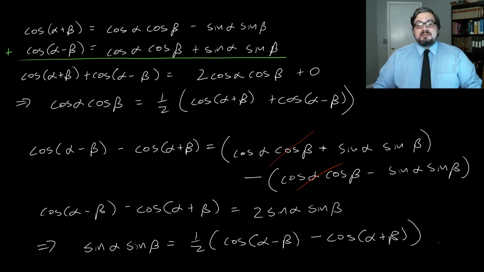So with these three expressions here, we're able to transform any product of two sines or cosines of any angles at all into an expression involving a sum of sines or cosines. Let's summarize all these here, and let's try and put it in a form that makes it easy to memorize.